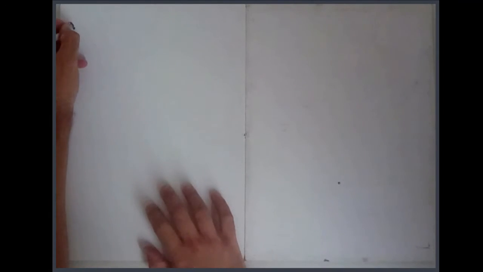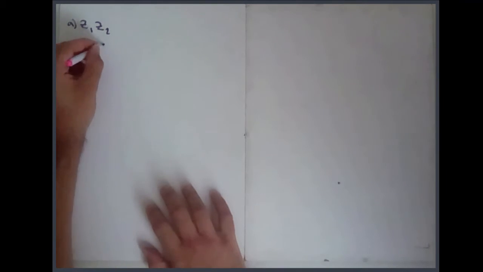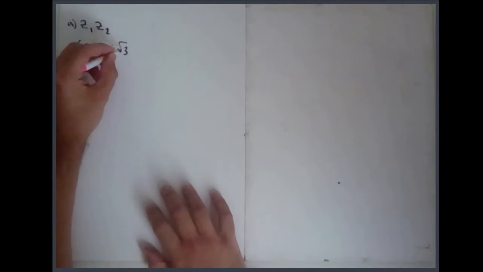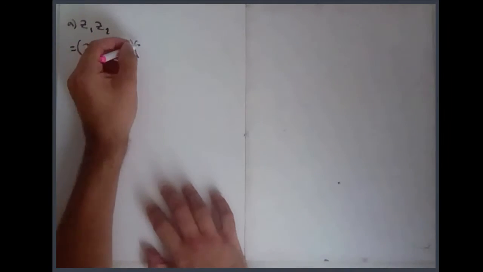Okay, so if we start with the long way around, the Cartesian form, part A, we need to do Z1 Z2. So Z1 Z2 equals Z1, 2 plus 2i root 3, multiplied by Z2, which is minus 1 minus i root 3.